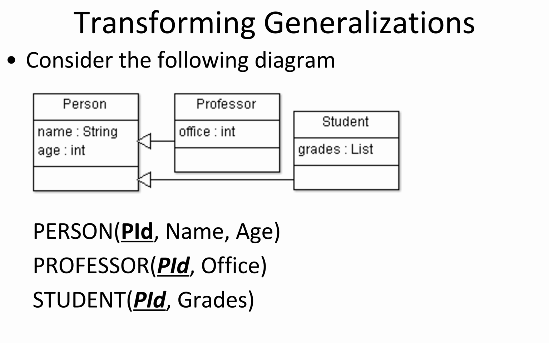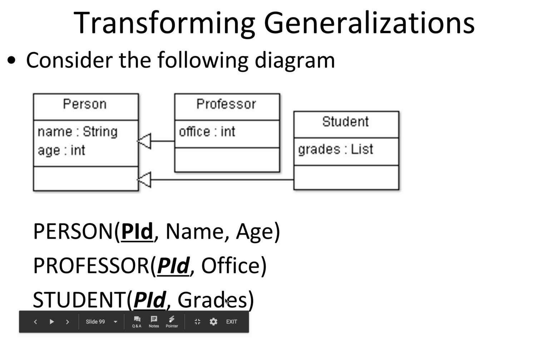You might have a person ID, and notice that it's a primary key that is holding the values of all the attributes that are in common with all the other tables. But notice that the professor table and the student table keep track of the additional special fields for that particular class. Yes, but notice that the way this is implemented is that their primary keys are also foreign keys. You see that, right?